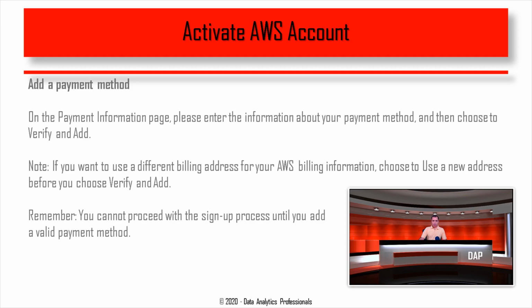Please note, if you want to use a different billing address for your AWS billing information, choose use a new address before you choose verify and add. Remember, you cannot proceed with the sign up process until you add a valid payment method. That's really important.